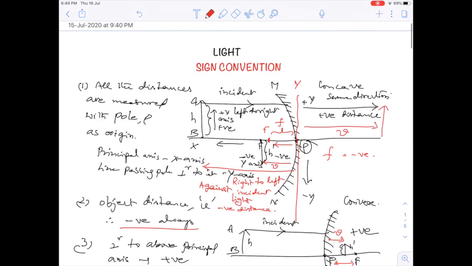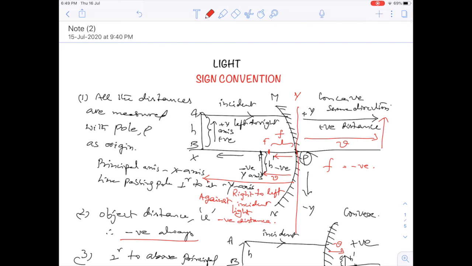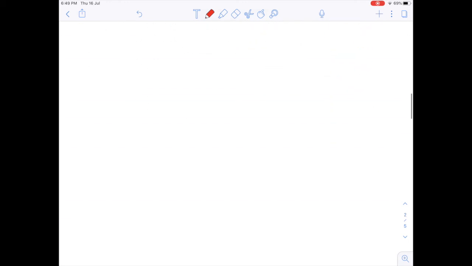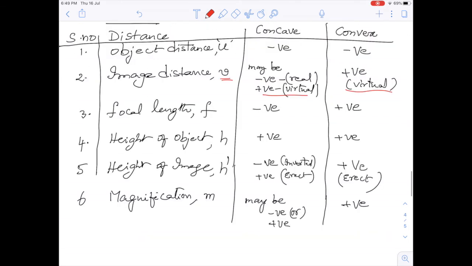Then focal length, I already discussed. In the case of a concave mirror, focal length is from pole to F, and it is to the left of it, therefore focal length is negative, and in the case of a convex mirror, focal length is positive. So, f is negative for concave and positive for convex.